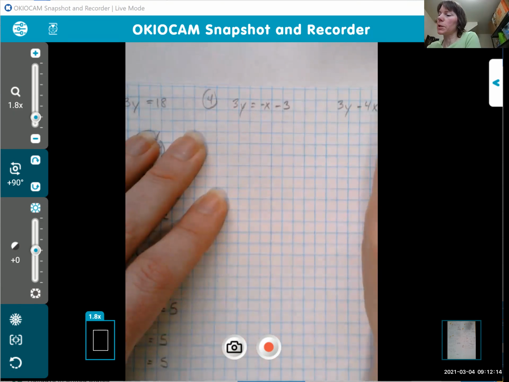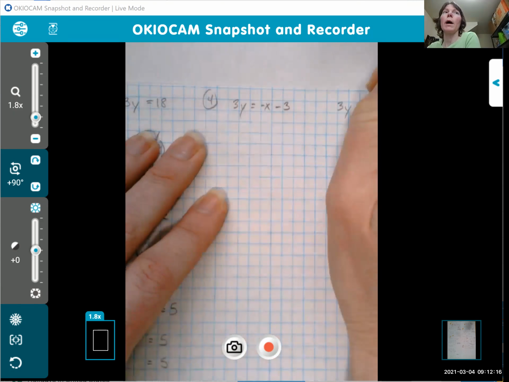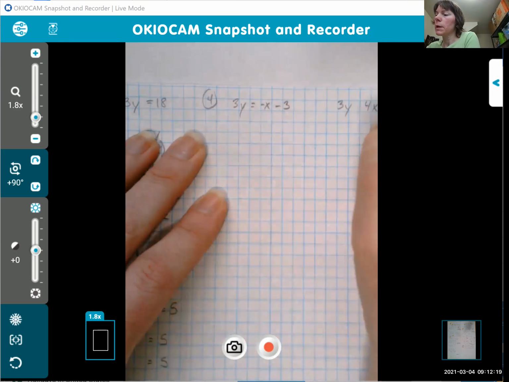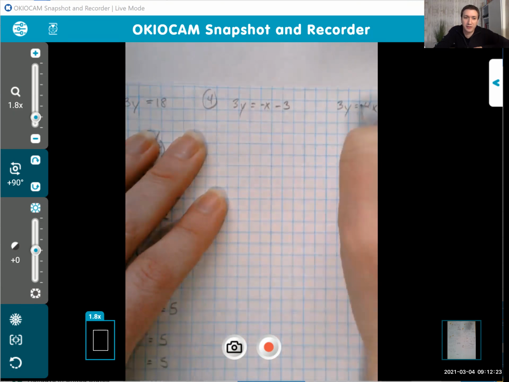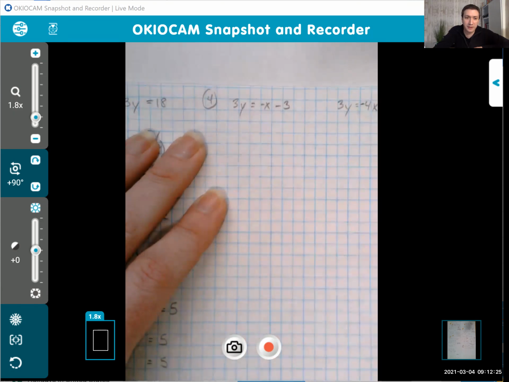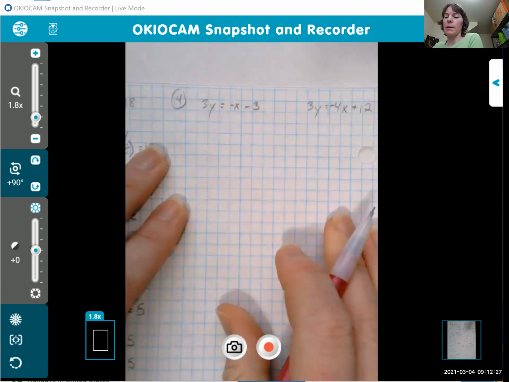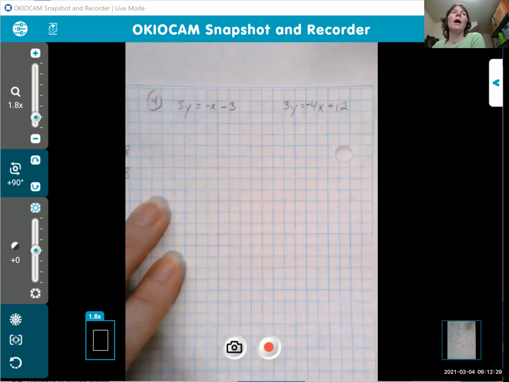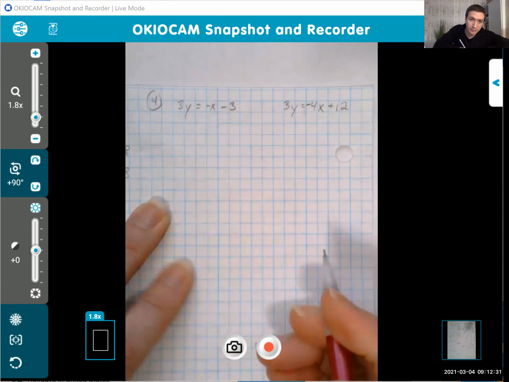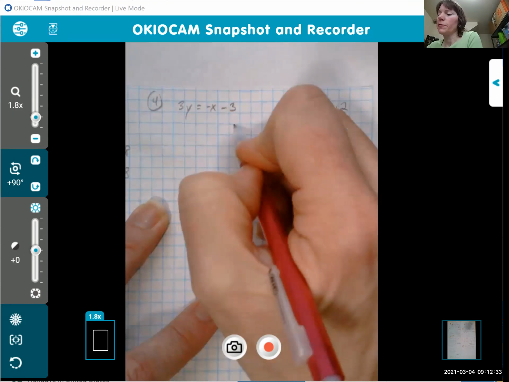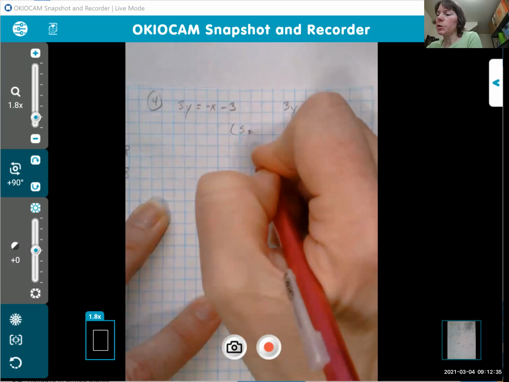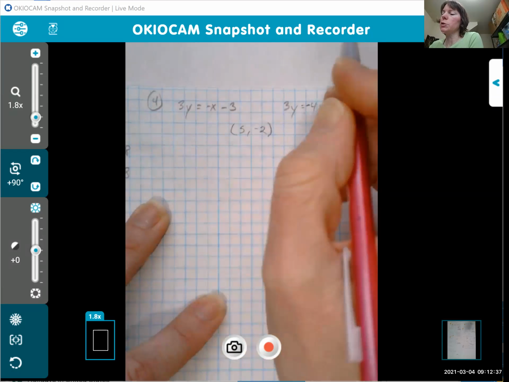I'm sorry, equals. I apologize. That should be an equal sign there. So make sure you don't lose that equal sign in there. Could you slide it over a little bit? There we go. Sorry about that. And the question is the point 5 comma negative 2, is that a solution for this system?